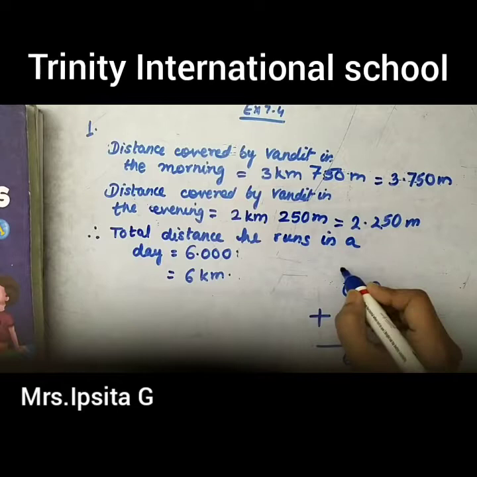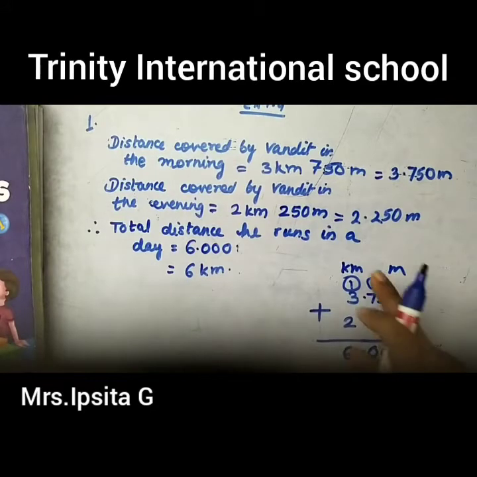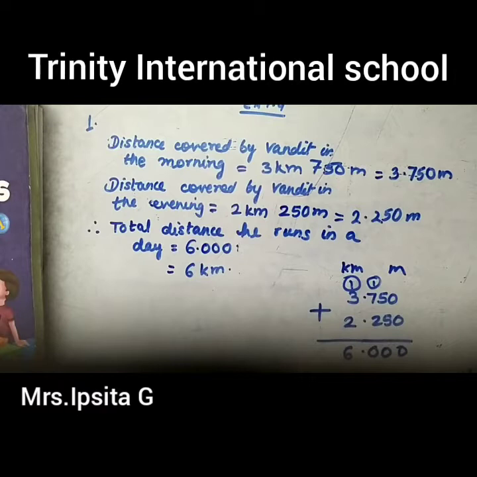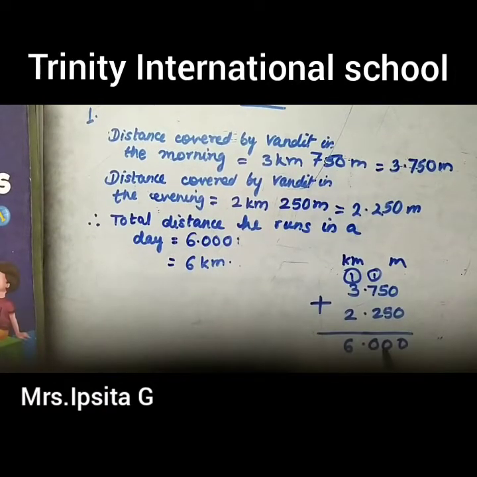So let us see how we have added up these numbers. So see here, I have just written kilometer, 3 kilometer, 750 meter, and here I have put the decimal. So after adding up, you have the result as 6.000. Okay, so that will give you kilometer.